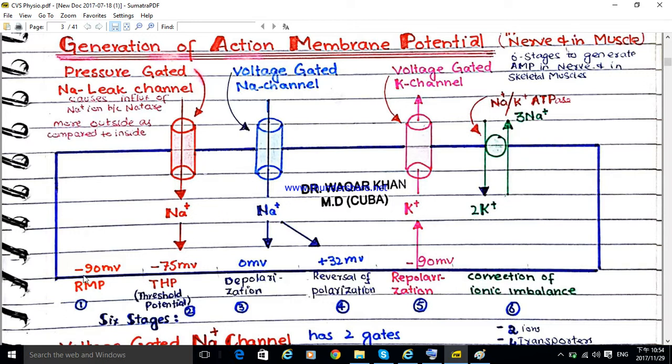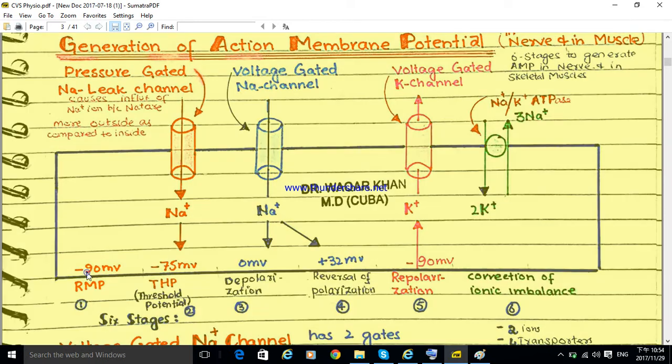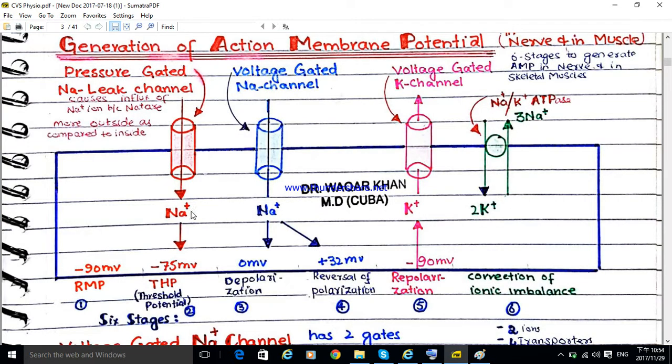As there is entry of positive charge, the cell becomes less negative, from minus 90 to minus 75. This minus 75 is gained by the influx of sodium.